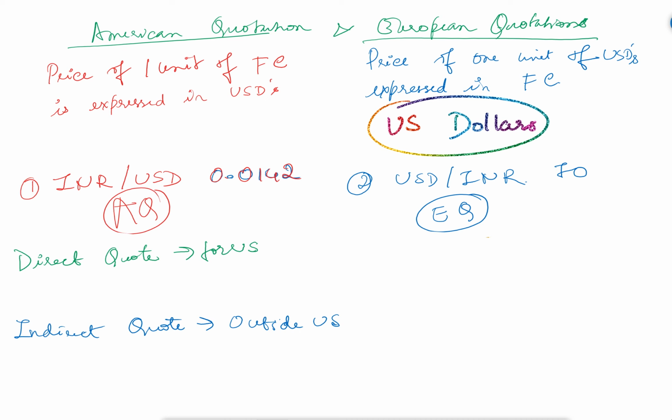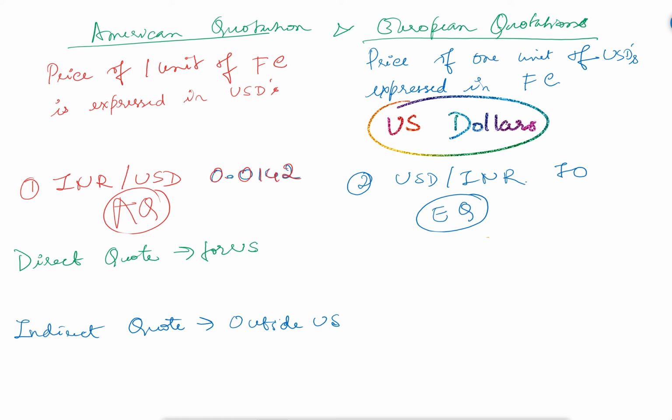INR USD is an American quote because foreign currency is expressed in dollars. When we apply a direct quote meaning for US, for the INR USD to be a direct quote, USD should be in the quote position, and in the currency quote INR USD, USD is in the quote position. Therefore, an American quote is always a direct quote for US. For US citizens, an American quote is a direct quote.